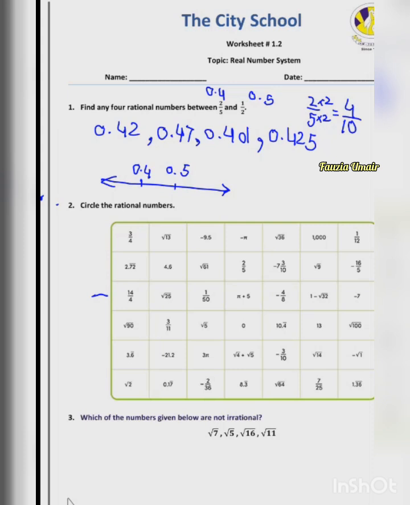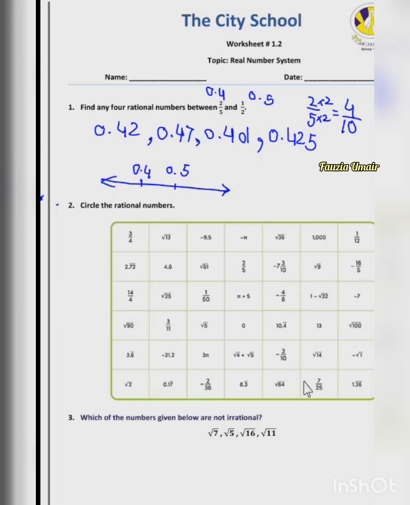So the next question is: circle the rational numbers. Before solving this question, who can tell me what are rational numbers? What are rational numbers and what are not rational numbers? So that we can solve it quickly.